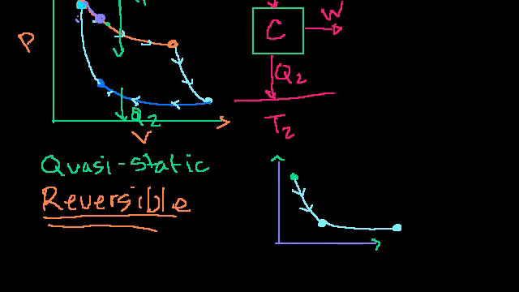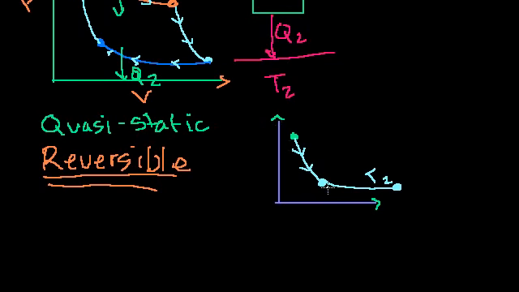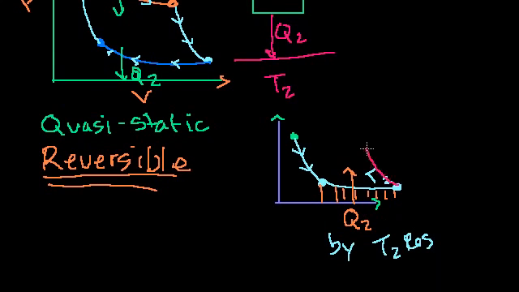At some cold isotherm. Let's call it T2, just like this was T2. If I'm expanding and staying at T2 and sitting on top of my T2 reservoir, heat is coming. This area under the curve, the work I'm doing, is the heat added. This is Q2, and that is given to me by my T2 reservoir. So everything is going in reverse. That's the whole idea. Then I adiabatically contract. I can adiabatically contract like that.